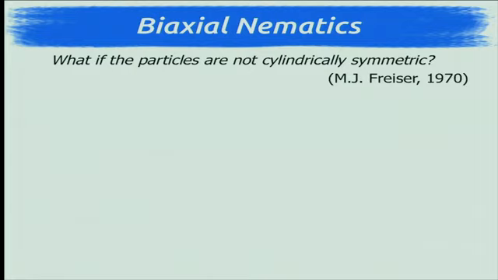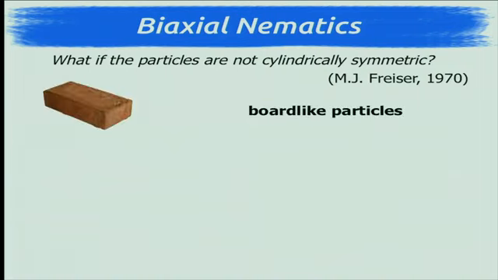that Freiser asked himself in 1970, and already mentioned before, by the way. The question was the following: what happens if we consider particles which do not have this cylindrical symmetry like rods and plates? In other words, what happens if we consider bricks, what we now call board-like particles, as already mentioned by Professor Vanakaras before.